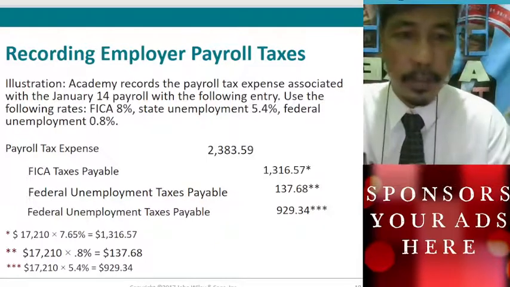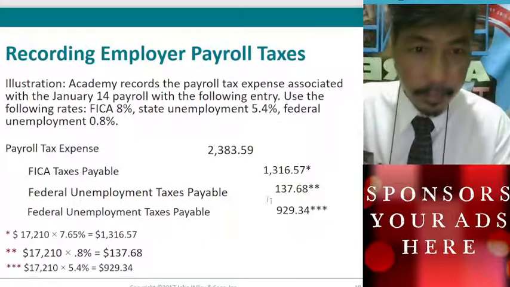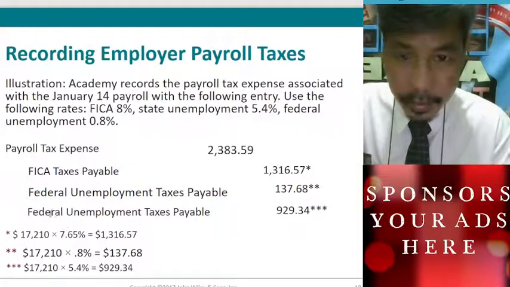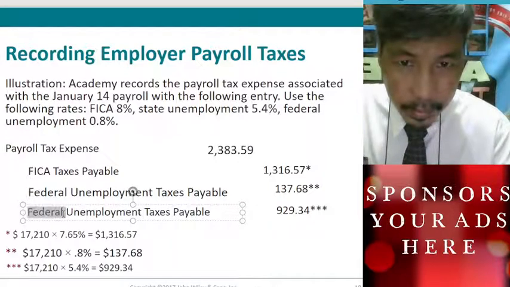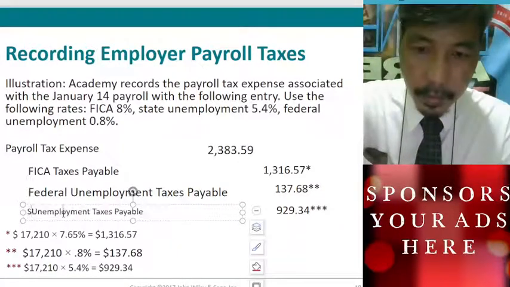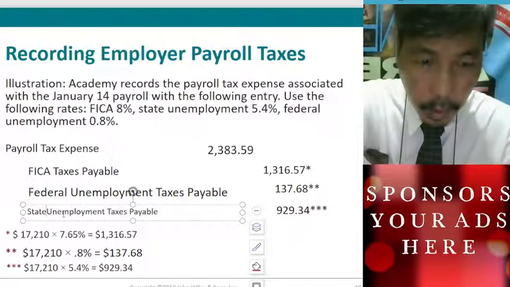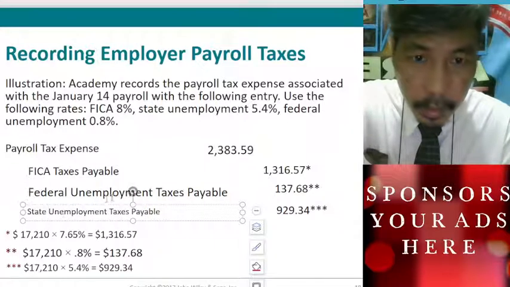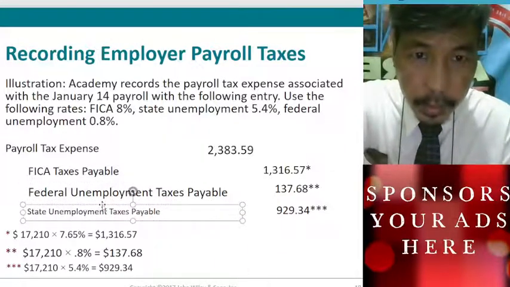There's a typo error here. This is federal, this is state. I think I can change this.